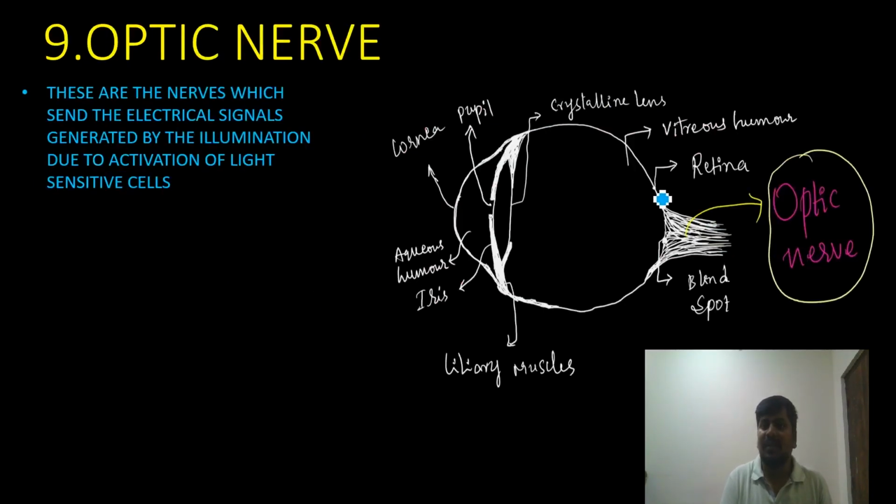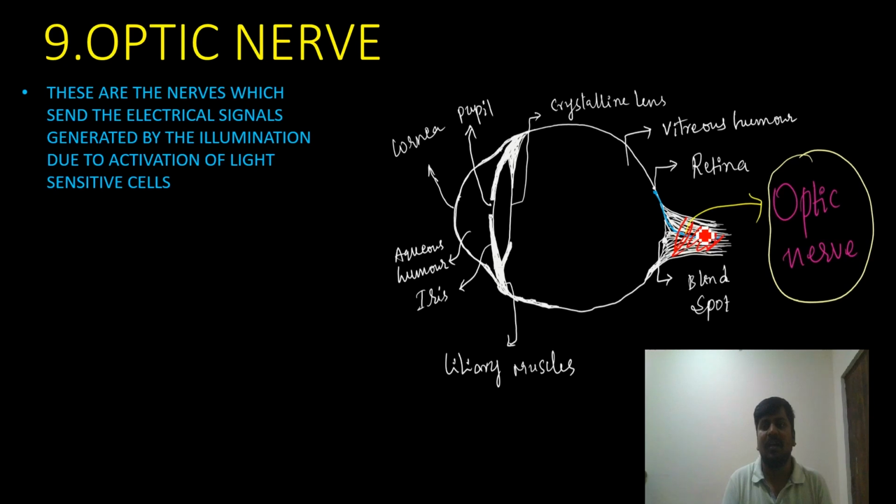Coming to the optic nerve now. Whatever image is forming on the retina will be converted into electrical signals that pass through the optic nerve. So these are all our optic nerves. Through the optic nerves, it is sent to the brain.